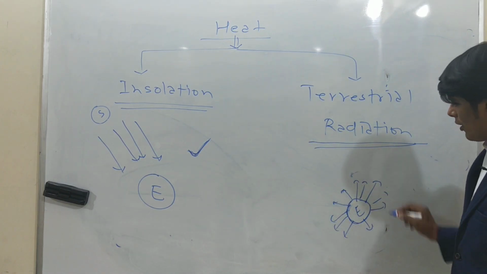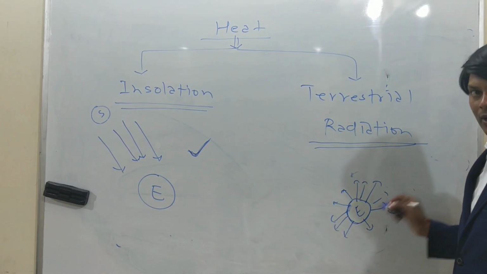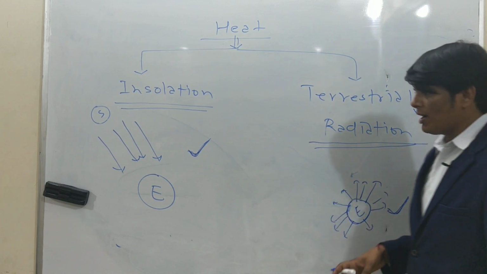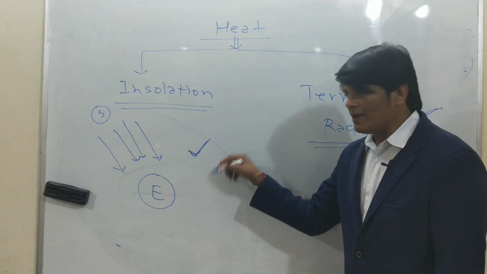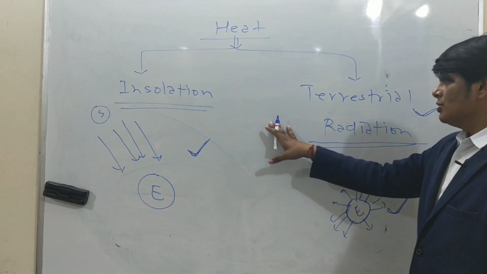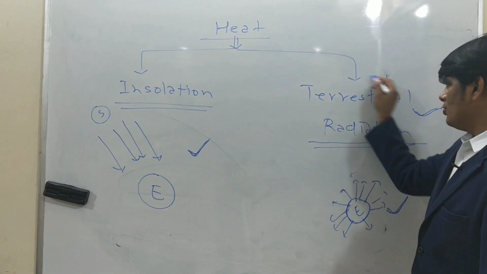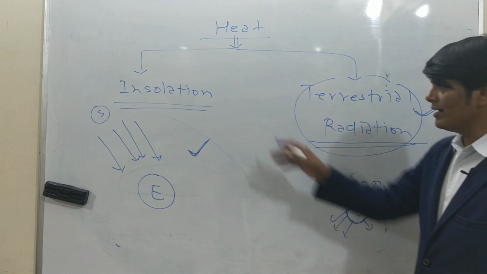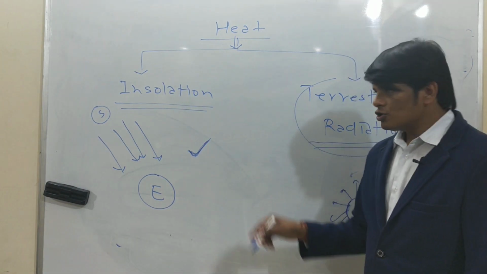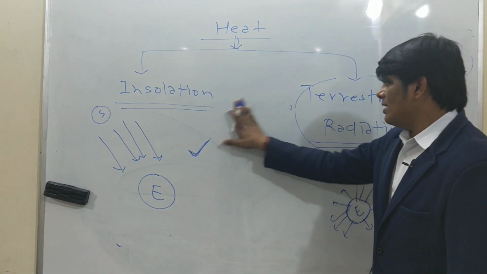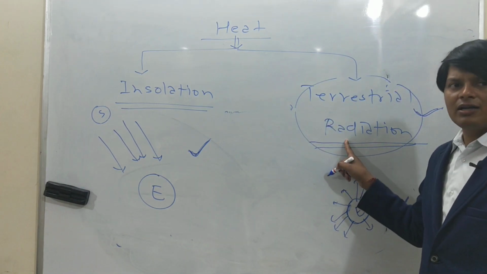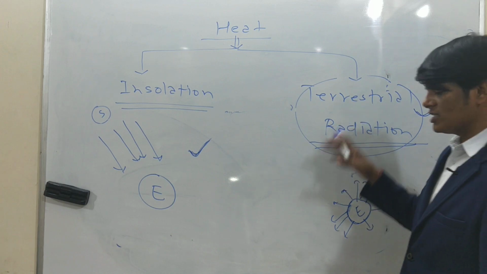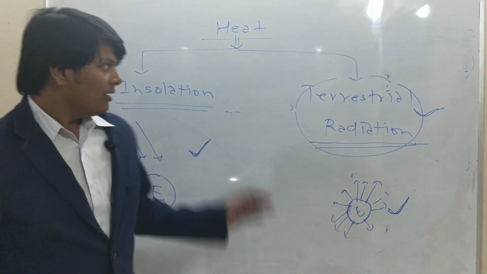They absorb very little heat from insolation. They absorb more heat, which increases their temperature, from terrestrial radiation. So terrestrial radiation participates more than insolation in increasing the temperature of the atmosphere.